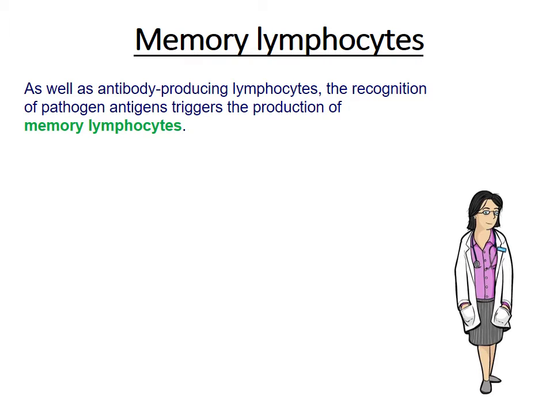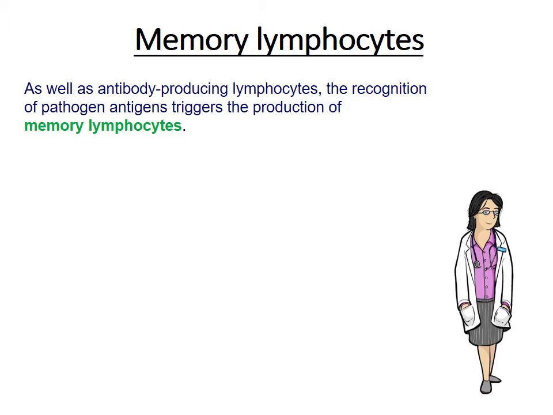So reminder for you, what we were looking at was that when you first get infected with a particular pathogen, the antigens on its surface cause your white blood cells to produce antibodies, and those antibodies will work to destroy that particular pathogen. Now, what also gets produced are these special type of white blood cells, which we call memory white blood cells or memory lymphocytes.